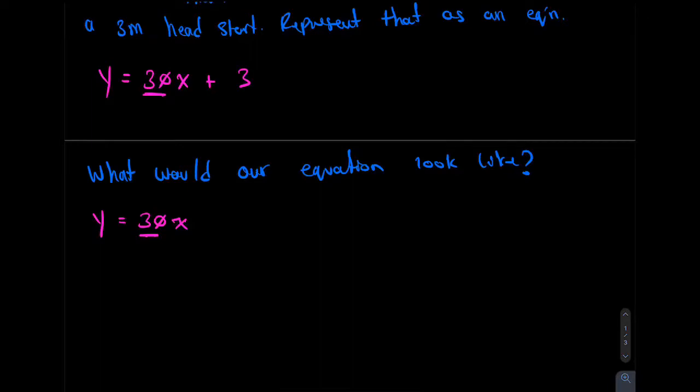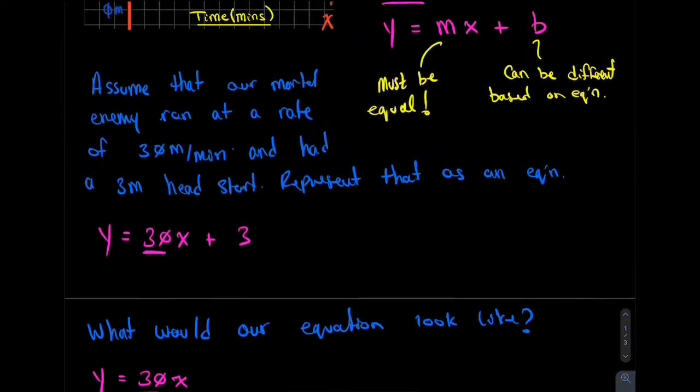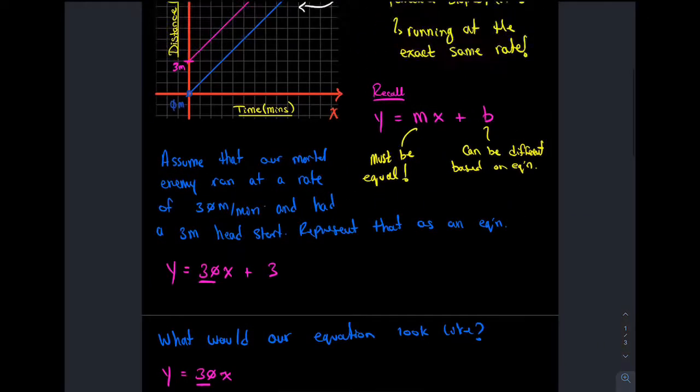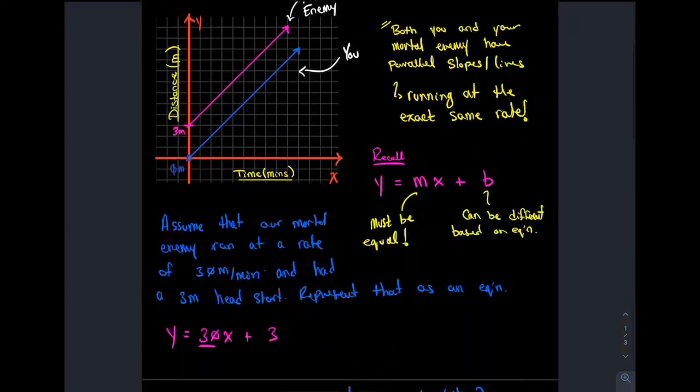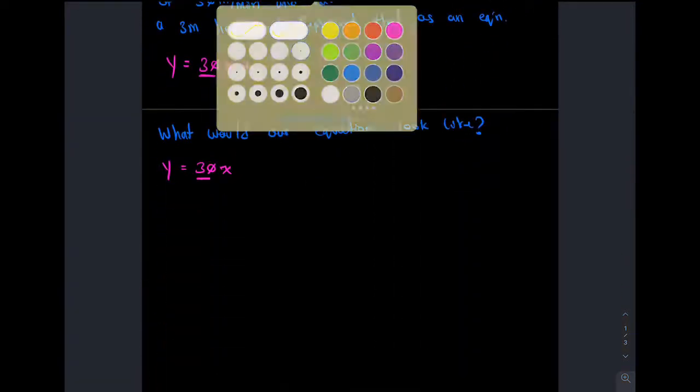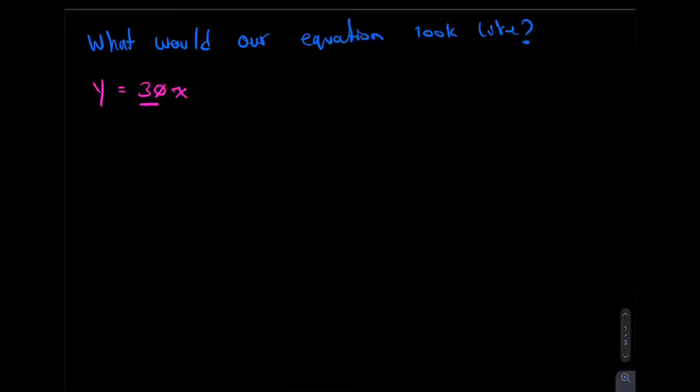Right? So you might notice something here in how we can define what a parallel line is, or how we can define parallel lines and slope. So let's make this a general note here.